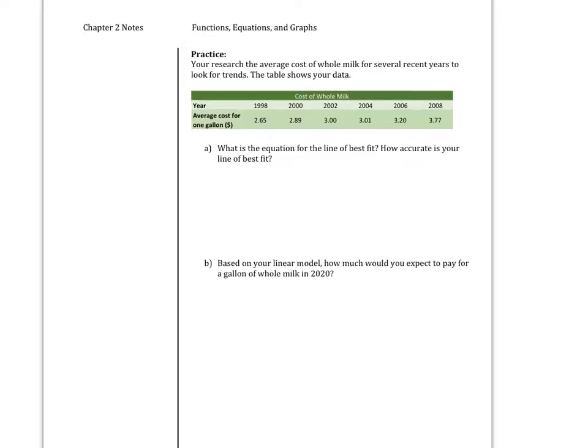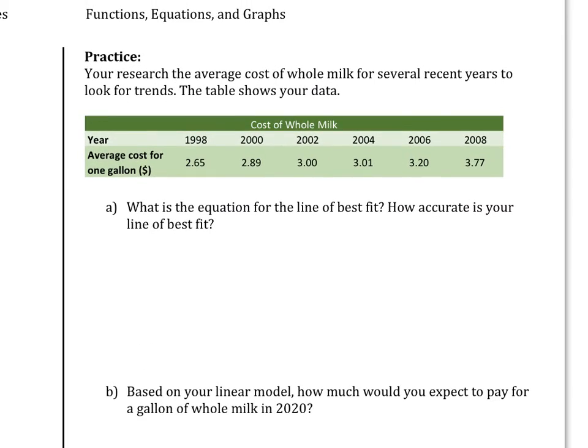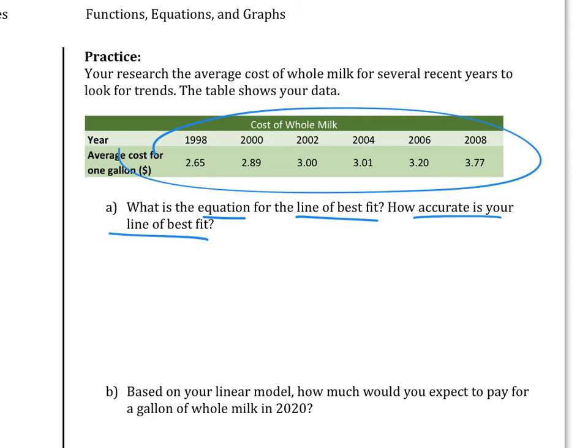All right, time for you to practice. You're going to graph this and create an equation for the line of best fit, and consider how accurate you think the line of best fit is. You don't have to create a very nice graph. You just want to see, are my points going up? Are my points going down?